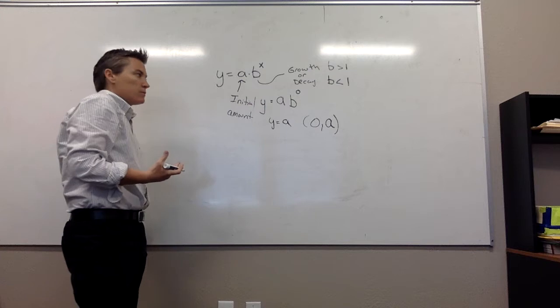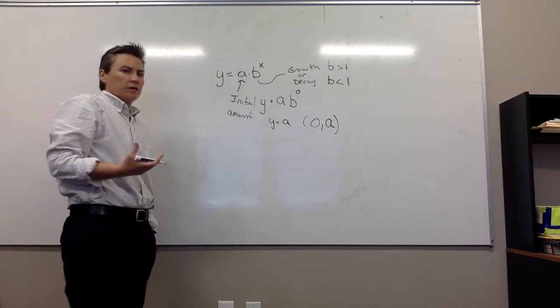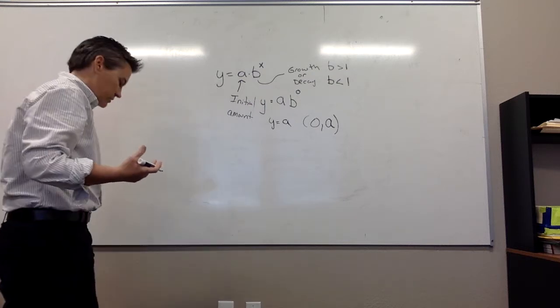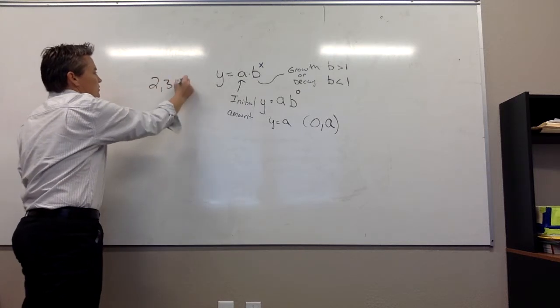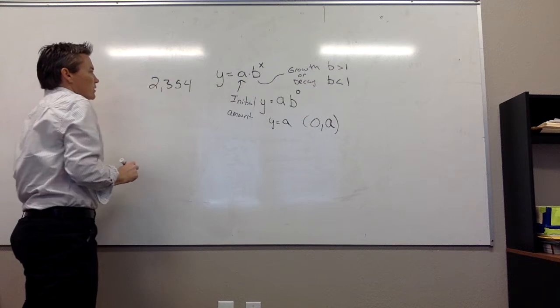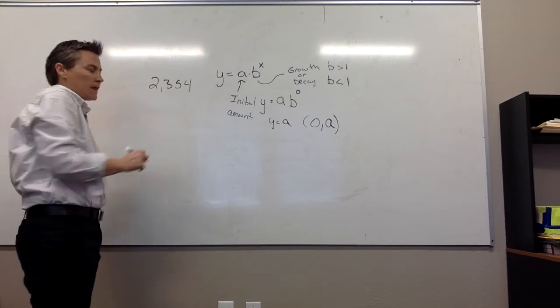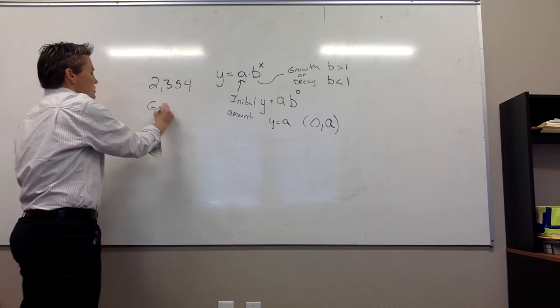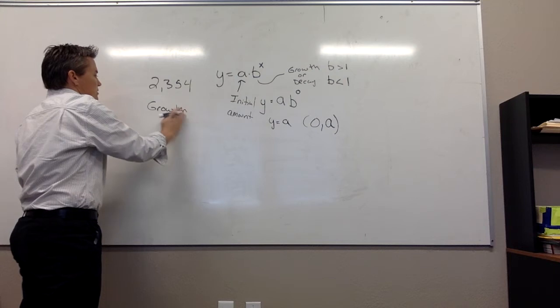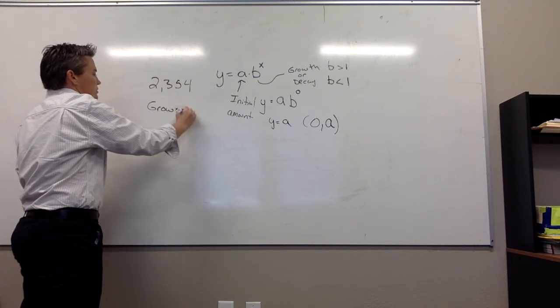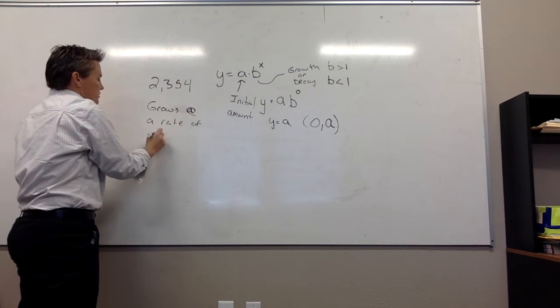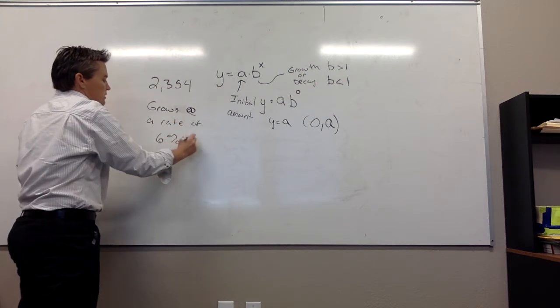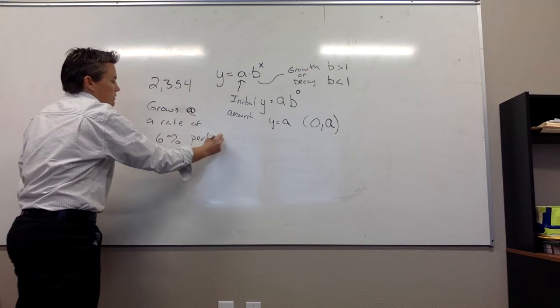Let's say we have a population of bacteria that's growing. And let's say we are starting with 2,354 bacteria, and it grows at a rate of 6% per hour.